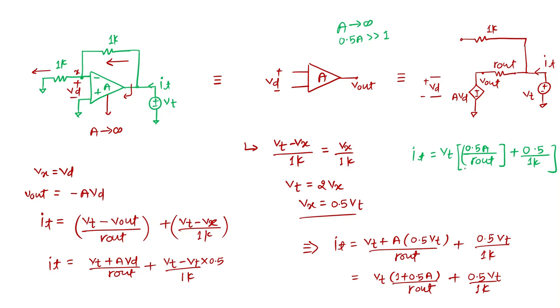What exactly happens is that this term should be infinite when we put A to be infinite. So what is R out that I'm expecting? I'm expecting Vt by IT. If it is infinite, it means R out is 0. So in the ideal case, the output impedance is 0.